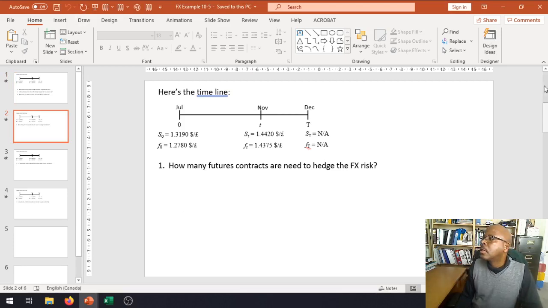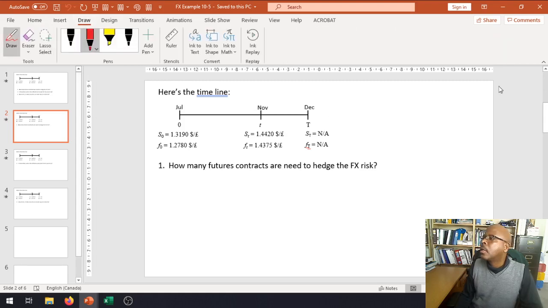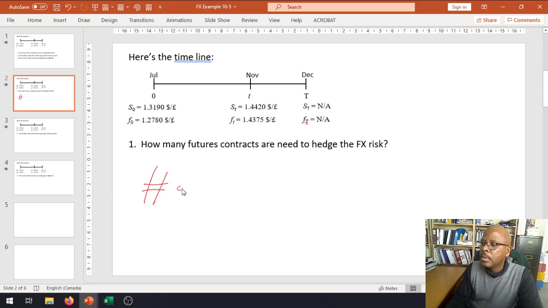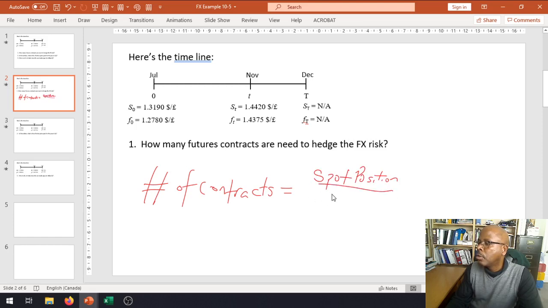So the answer to that is clearly, the number of contracts, forgive my handwriting, is equal to our spot position divided by contract size.